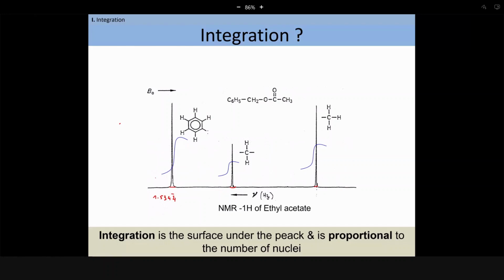But what we can do if we use these curves, we will calculate the difference between this and this, and the height here will be compared to those in the other signals. And if we do so, we will see that we have 2.5 times this height in the aromatic signals.